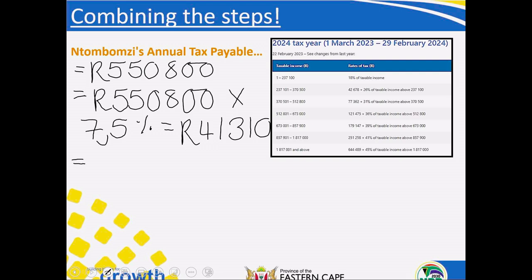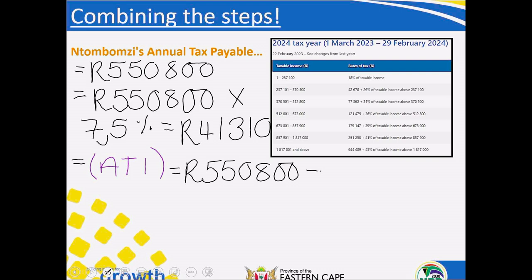If you've said annual taxable income, in other words, our ATI, that is great. You've caught on to what I've been saying. For our annual taxable income, you will take her annual gross salary given to us in the question and subtract it.